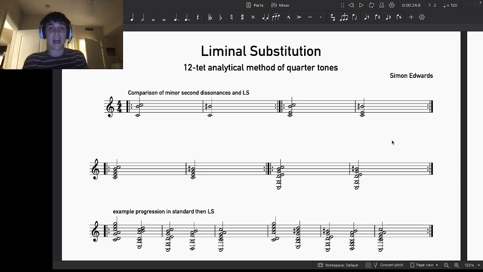Same thing between the 9 and the sharp 9, right? Or the major 7 and the 1, or the sharp 4 and the 5, the 13 and the flat 7, right? So all of these are semitone dissonances within the structure of the chord.